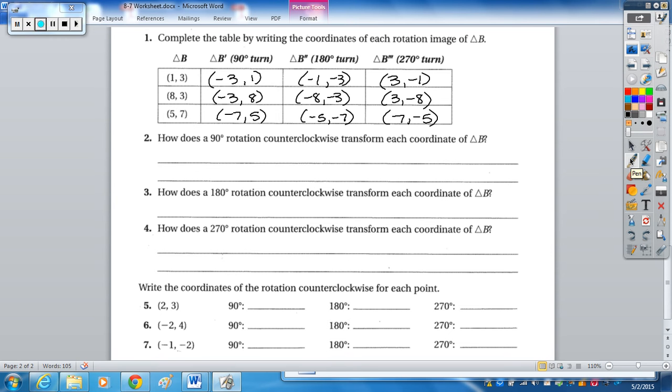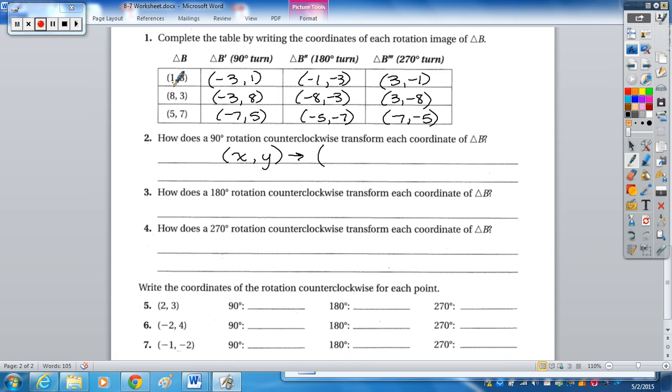Number 2 says: how does a 90 degree rotation counterclockwise transform each coordinate of triangle B? To form the rule, I'm going to write x comma y. What does it become after that counterclockwise rotation? Hopefully, if you can fill that in, go ahead and do that right now.